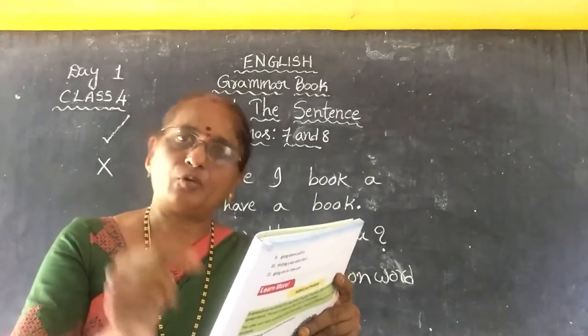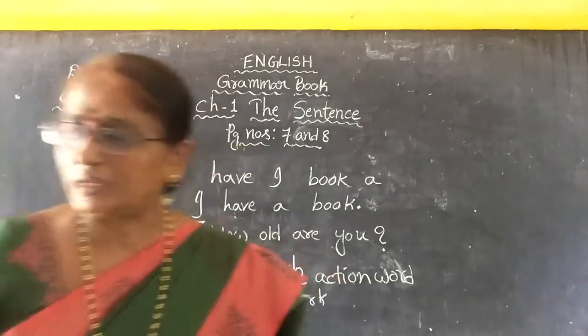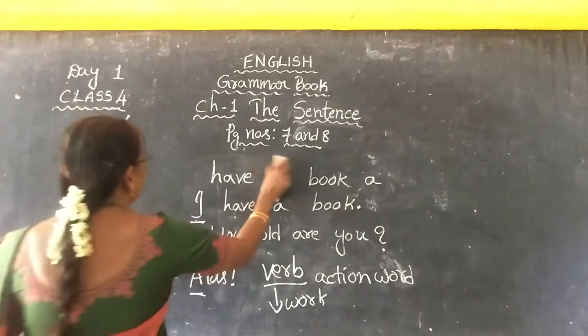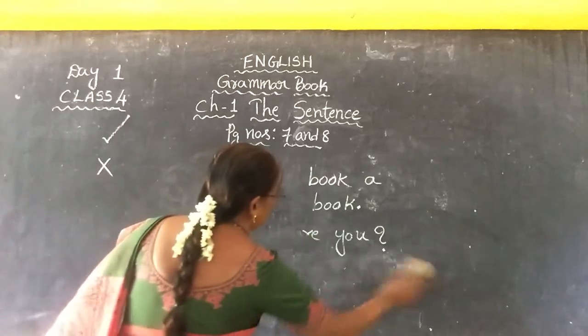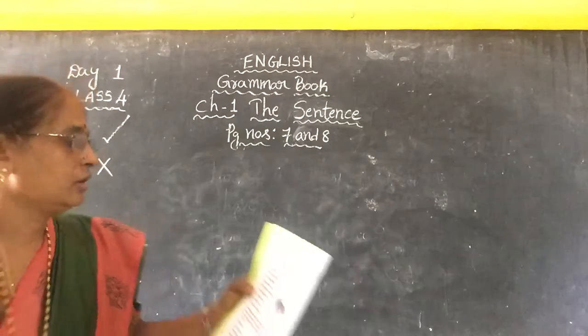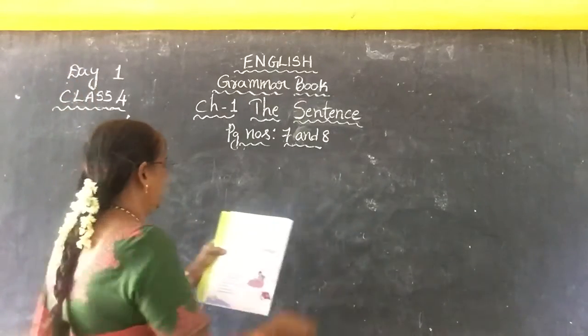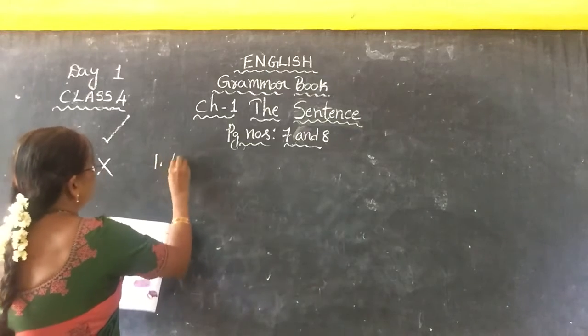Here there are full stops, question marks, capital letters. But which is a correct sentence? For that we have to put a tick mark, children. See here. We go for swimming classes every day. See, what is the first one, children?